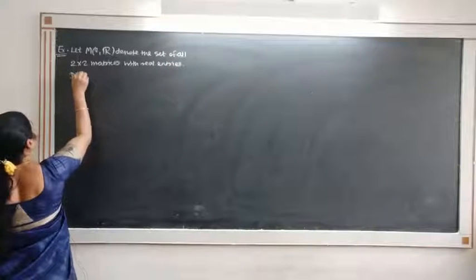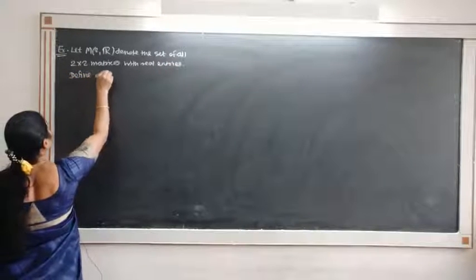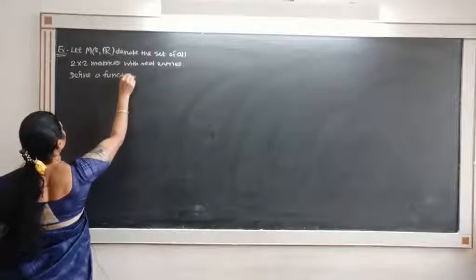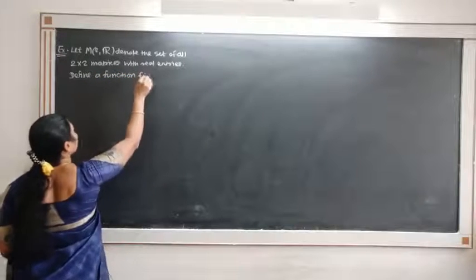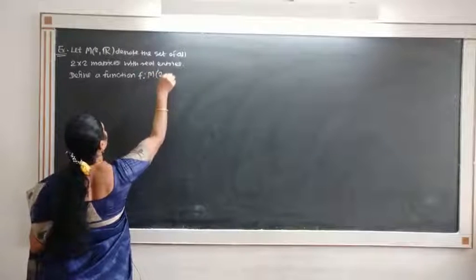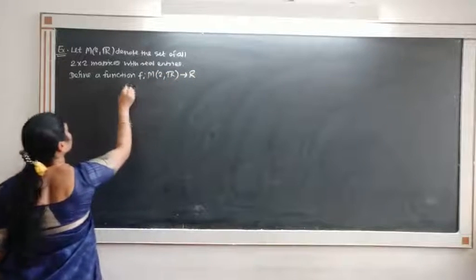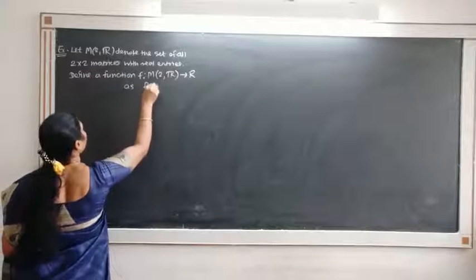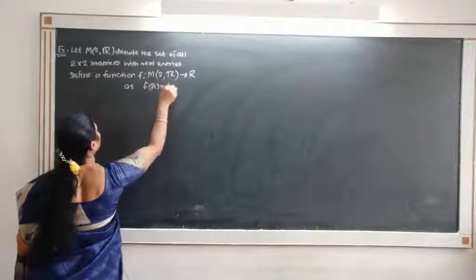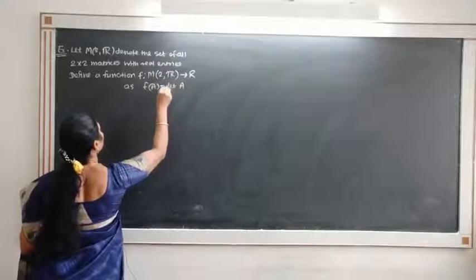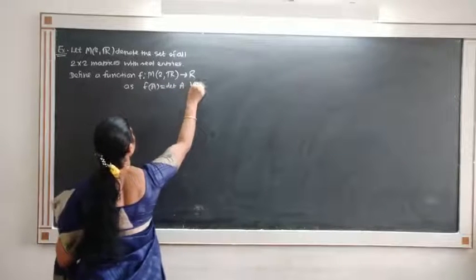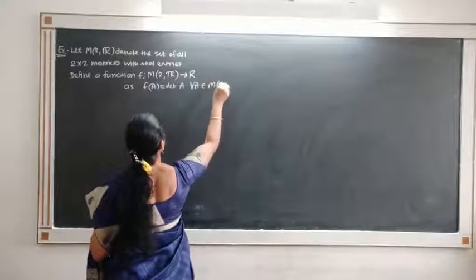Define a function f from M2(R) to R as f of A is equal to determinant A for all A belonging to M2(R).